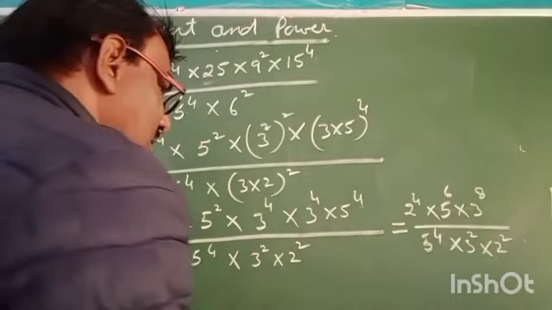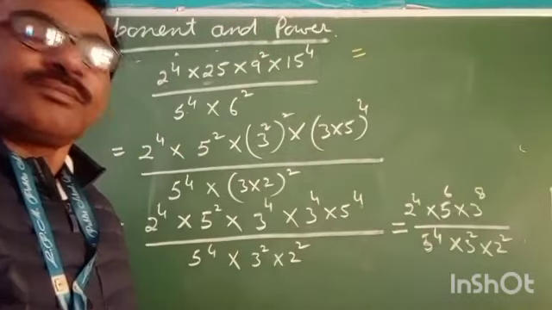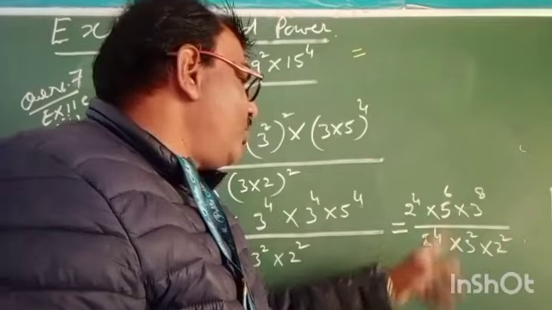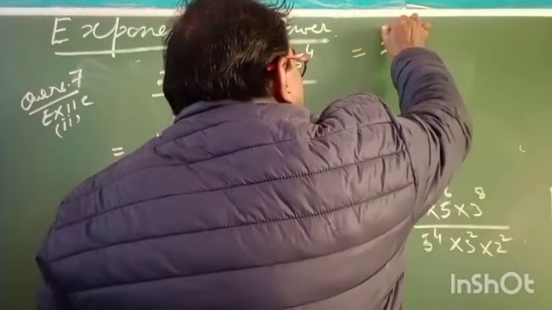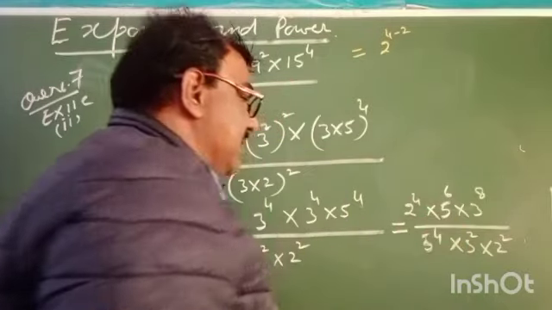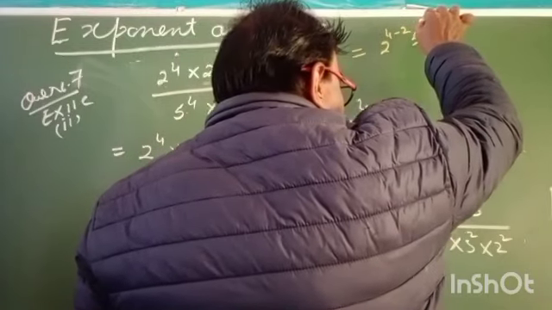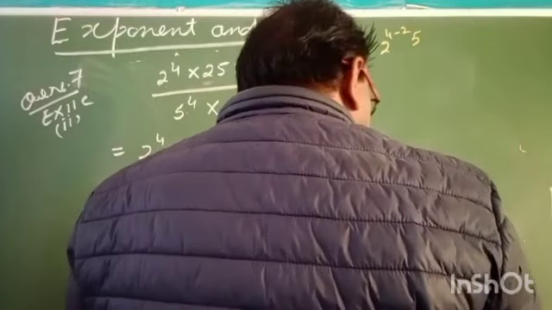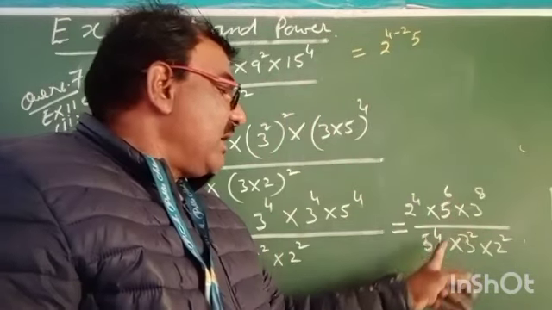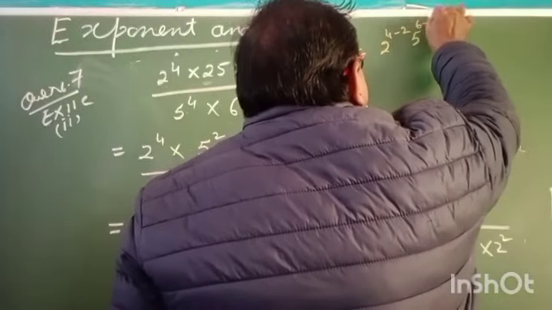So dear students, here the power of 2 is square, and here the power of 2 is 4, so it is equal to 2 to the power 4 minus 2. Here the power of 5 is 6, and the power of 5 is 4, so it equals 5 to the power 6 minus 4.